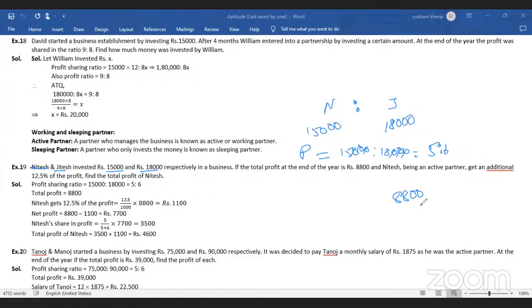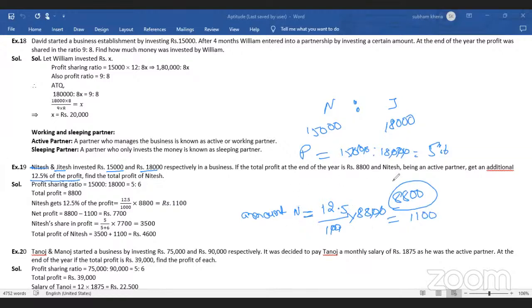Now, this is the total profit. And Nitesh, being an active partner, gets an additional 12.5% of the profit. So first he is getting 12.5% of the profit because he has worked for it. 12.5% of 8,800: 12.5 into 88 will give me 1,100.